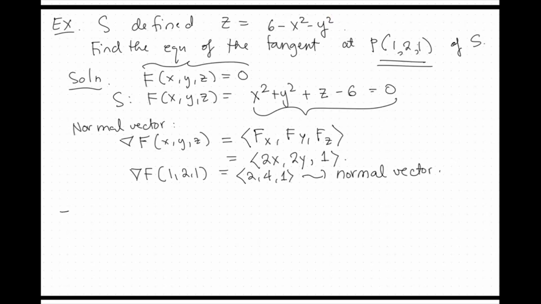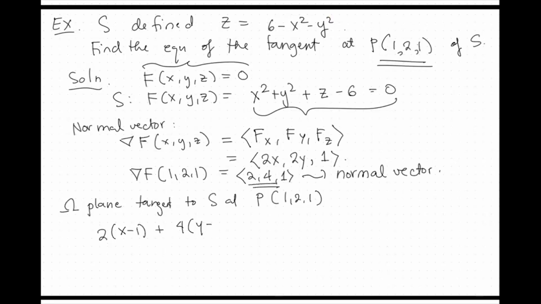Now, for the plane omega, the plane tangent to S at the point (1, 2, 1) is given by, with this as our normal vector, 2(x minus 1) plus 4(y minus 2) plus 1 times (z minus 1), and this is equal to 0.